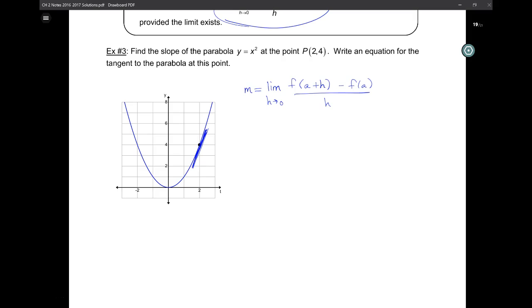What do you think a is? It's 2. It's the x value. So sometimes we'll see the formula as f of x plus h minus f of x, right? That's how we had it before. Sometimes we'll see it with the letter a. It's the same formula, okay? So let's do that.